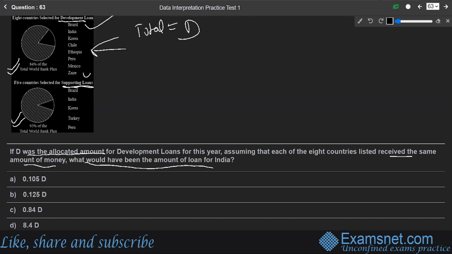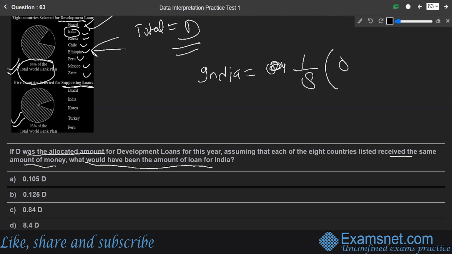Okay, so these are the 8 countries: 1, 2, 3, 4, 5, 6, 7, 8, and India is amongst them. So the total amount is D, but if you see the pie chart, only 84% has been distributed. So clearly 84% of D will be distributed among these 8 countries equally. Okay, so India will be getting, as there are 8 countries and the distribution has to be equal, 1/8 of the 84% of D. That should be the value India receives.